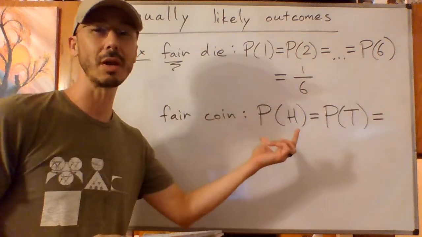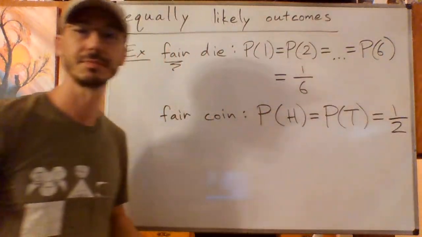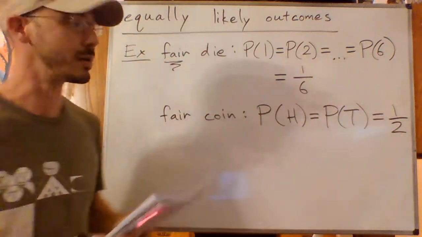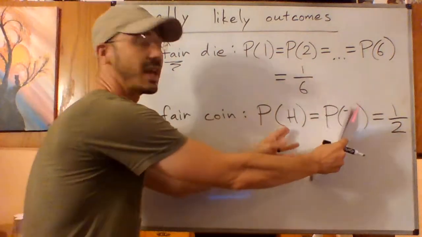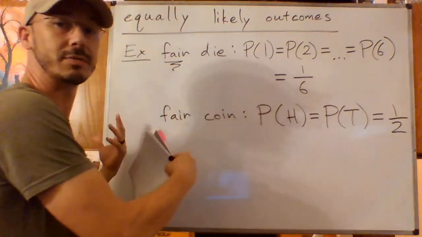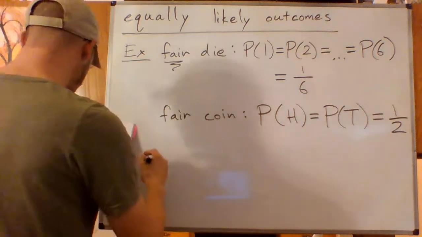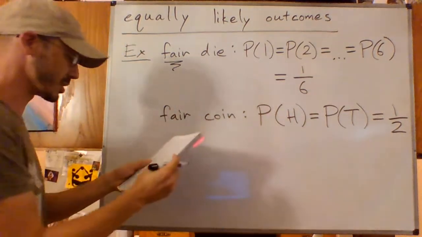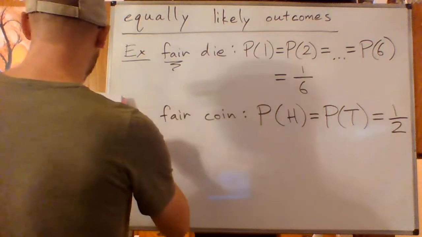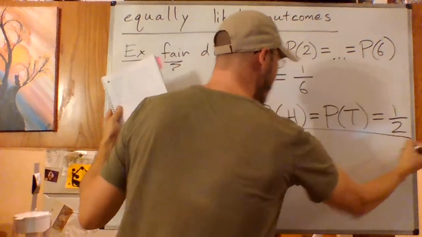Since there's only 2 outcomes, the probability of each of those outcomes is 1/2. We'll see this a little bit later, that we can add probabilities, and if we add the probability of heads and the probability of tails together, we get 1.